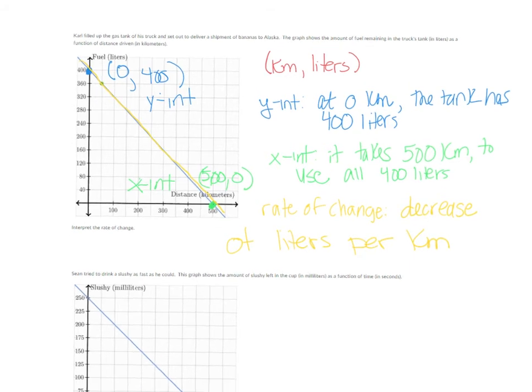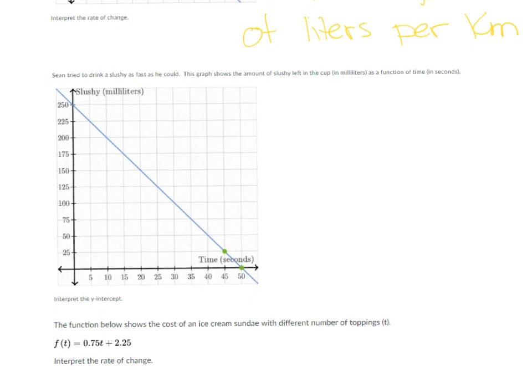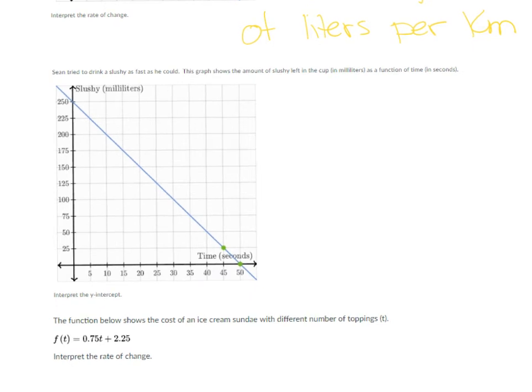So let's take a look at another one here. Sean tried to drink a slushie as fast as he could. The graph shows the amount of the slushie left in the cup in milliliters as a function of the time in seconds.